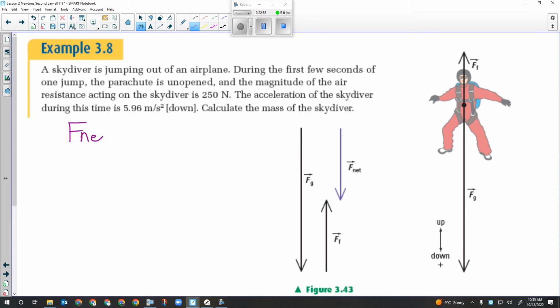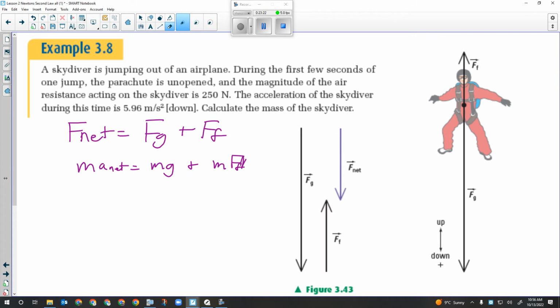F net is still gravity plus the force of friction. But what I want to do is expand this out so that it looks like this. Mass times a net equals mass times gravity plus mass times, sorry, the acceleration due to friction, not force.